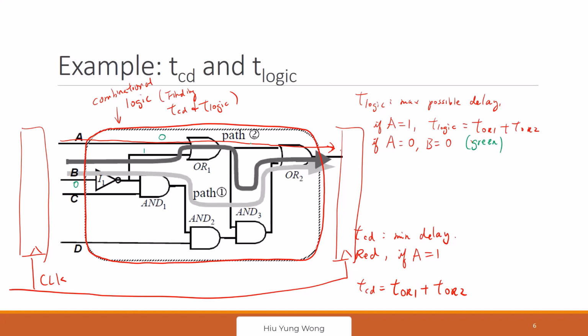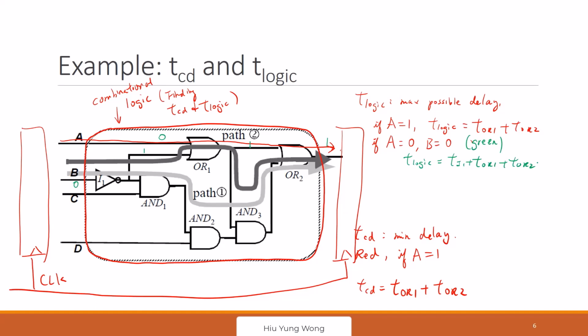If this is 1, this is going to be 1, right? Then again, the other one has no effect, right? So when B equals 0, I don't care about other logic. The delay is TI1 plus TOR1 plus TOR2. This is the situation, right?